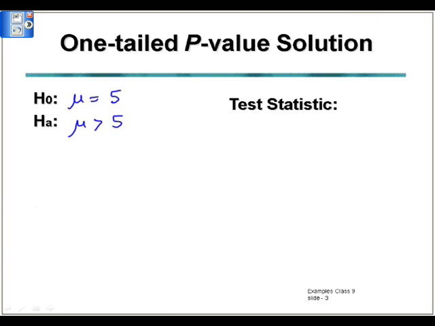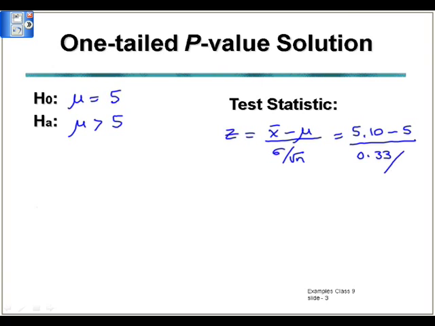This is a Z statistic, so recall that our Z statistic formula is the sample mean minus the hypothesized population mean, divided by sigma over the square root of n. So in our example, we have a sample mean of 5.10 minus the hypothesized mean of 5, divided by the population standard deviation of 0.33 with a sample size of 36, so 0.33 divided by the square root of 36.